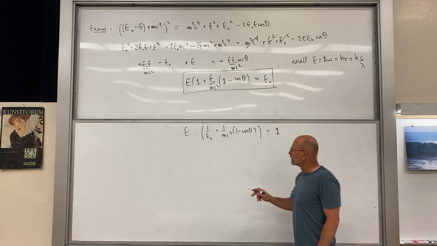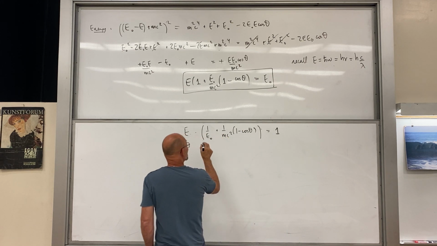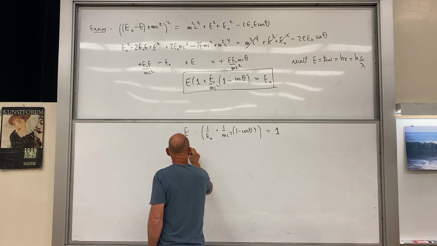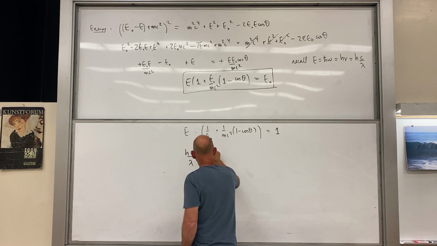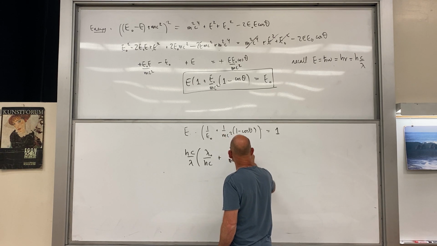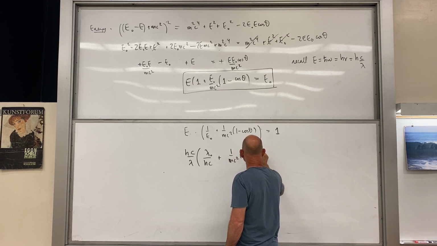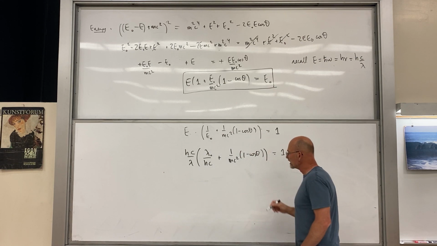And now we'll make that transformation to the wavelength, so we have hc over lambda times lambda naught over hc plus 1 over mc squared, 1 minus cosine theta equals 1.